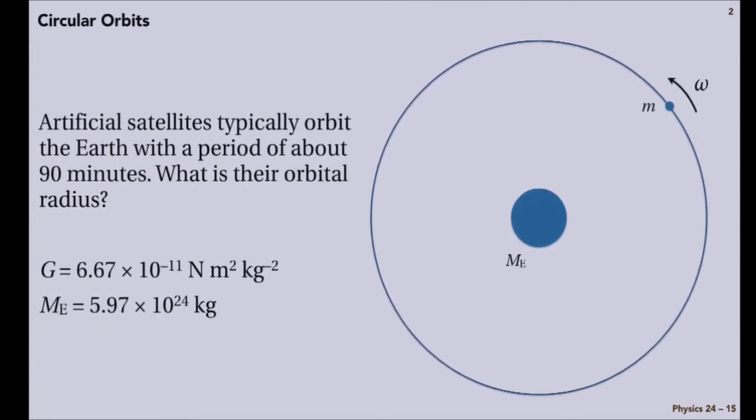So if these are the values for the gravitational constant and the mass of the Earth, figure out, or at least set up for a few minutes, what's the radius of the orbit? Set that one up for a couple of minutes, and then we'll work it out and see what we get.